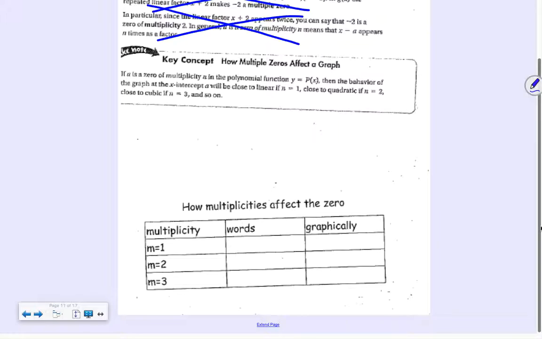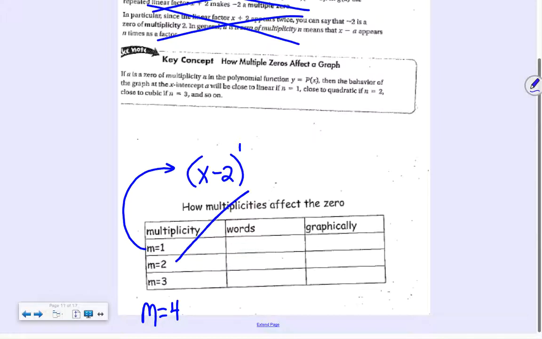Multiplicity of 1, multiplicity of 2, multiplicity of 3, and multiplicity of, what's next? 4. Would you write that down? Okay, how multiplicity affects the zero. First of all, multiplicity is this. Multiplicity of 1 is like when you say x minus 2, and the exponent appears as 1.